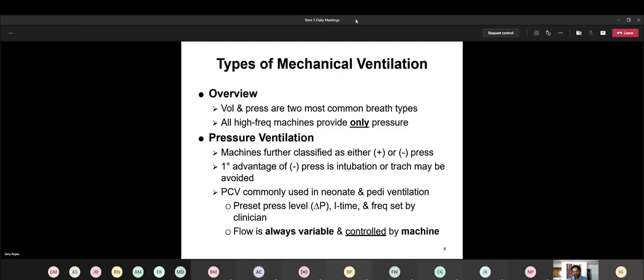The first advantage of negative pressure is that you don't have to intubate and you don't have to worry about a trach. But I'm going to write here, a disadvantage could be tank shock.